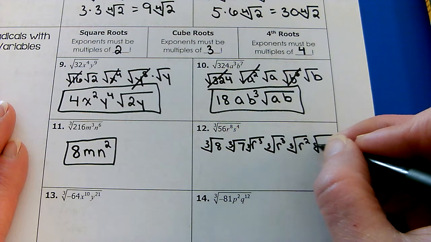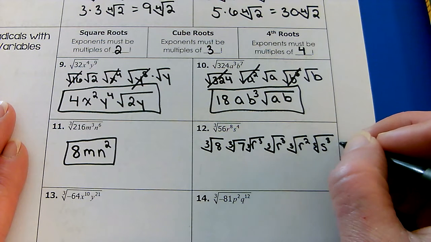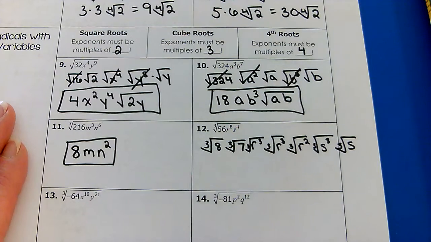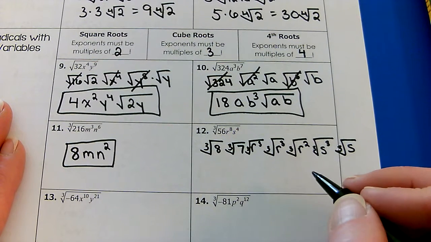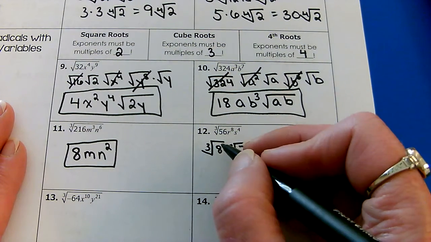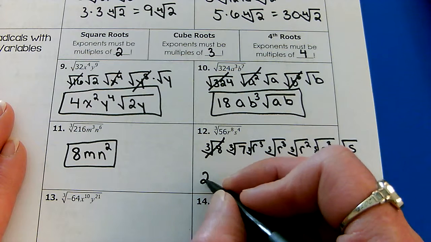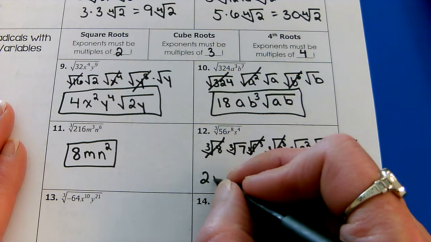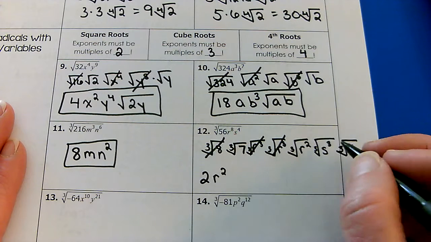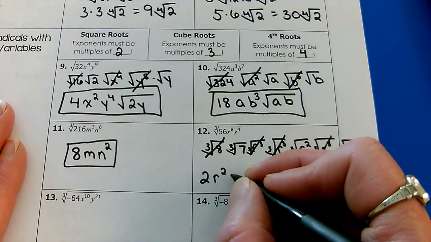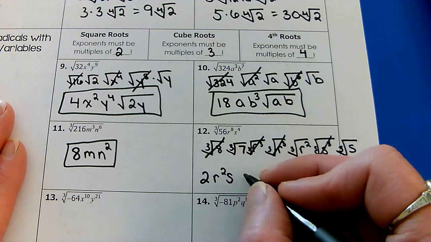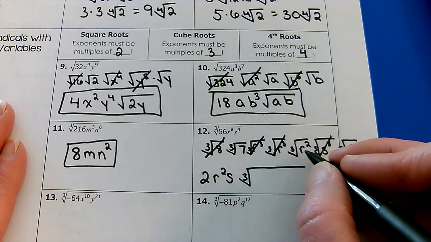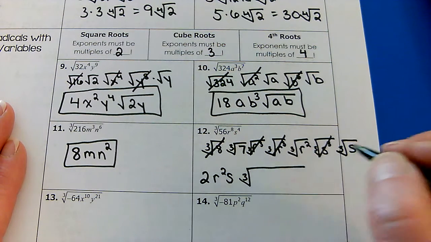And then cube root of s cubed, cube root of s to the third, and another s. All of the perfect cubes get taken out. So the cube root of 8 is 2. Here's going to be an r and another r, that's r squared. S gets to come out. Underneath the cube root symbol, I still have a 7, r squared, and an s.